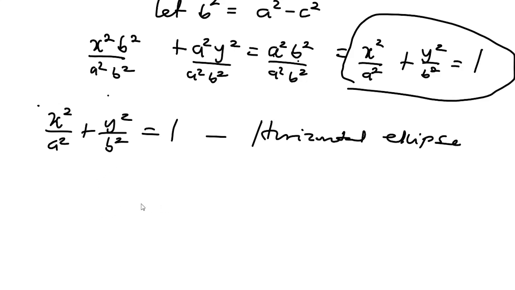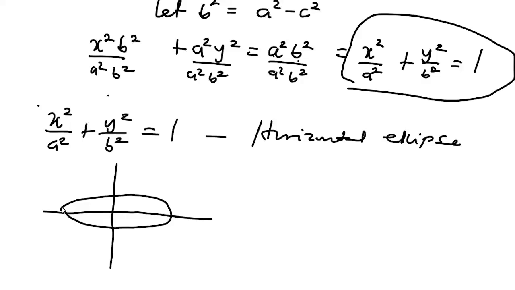Now when it lies on the horizontal axis, how do we determine our vertices, the co-vertices? So it is in this form. Our focus or our foci will be c, 0 and negative c, 0. Then we have the vertices being a, 0 and negative a, 0.